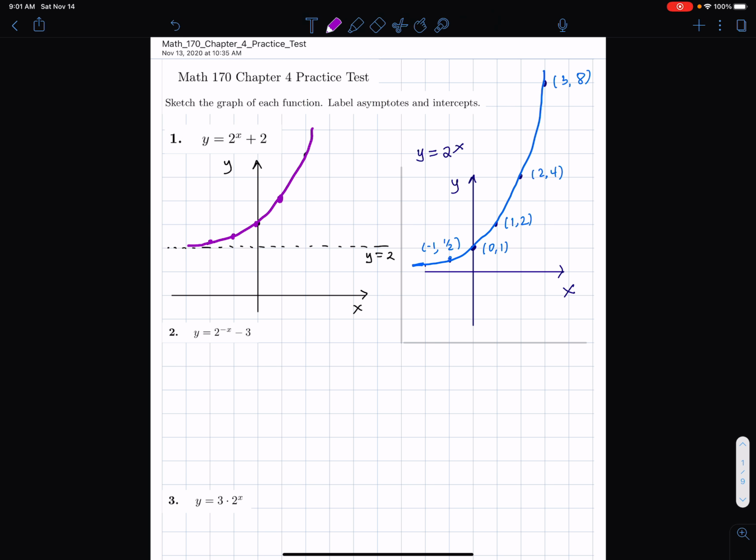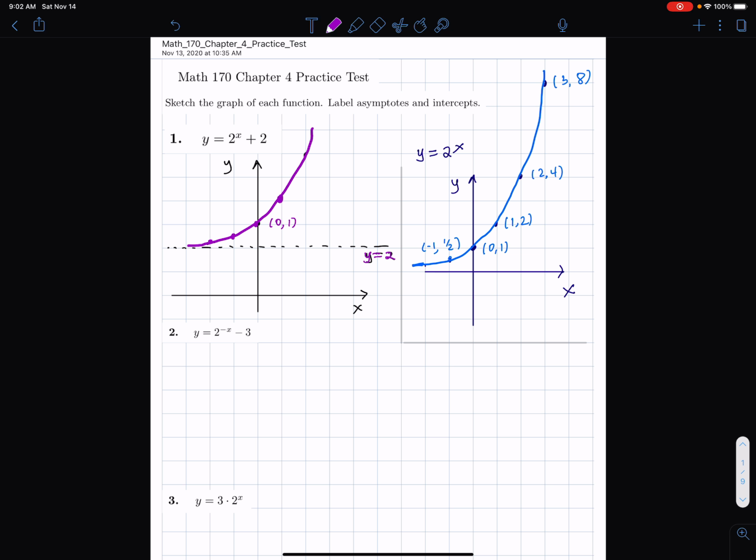So what I really want to focus on is that the y-intercept is 1, and the horizontal asymptote is y equals 2. It's increasing. If you change this from base 2 to say base 3, it's not going to look that much different. You could try sketching that.